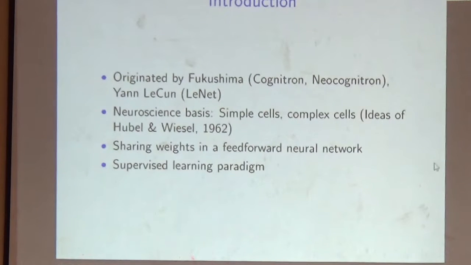So he gave a network called the LeNet, or the LeCun network. He has different versions of LeNet, and I think LeNet 5 is the version which broke some records, and he became famous for that.